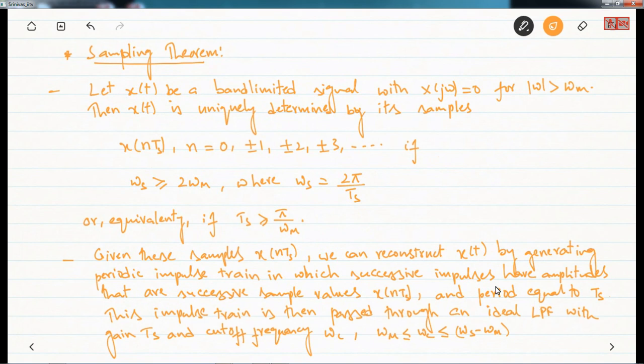The resulting output signal, if we did so, will be exactly equivalent to x of t.